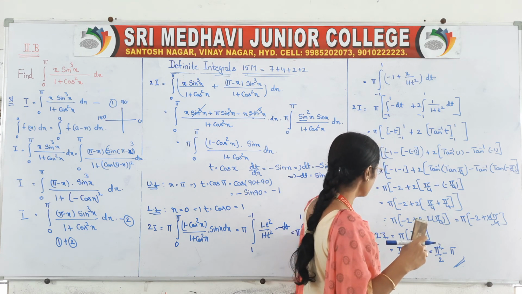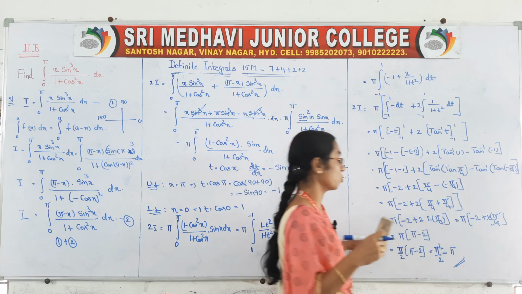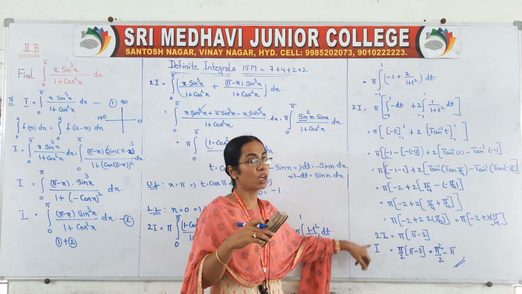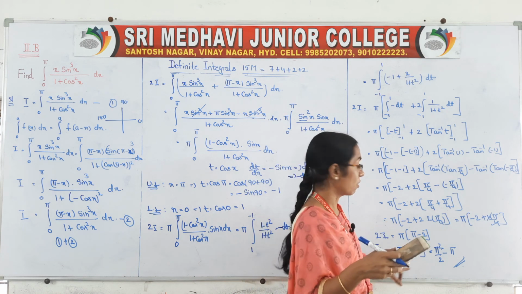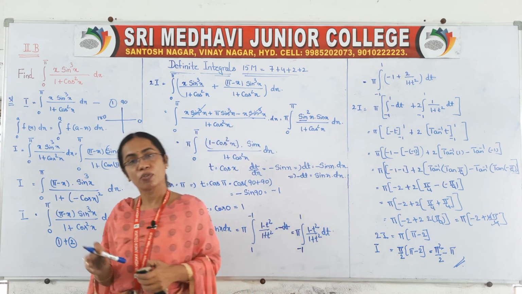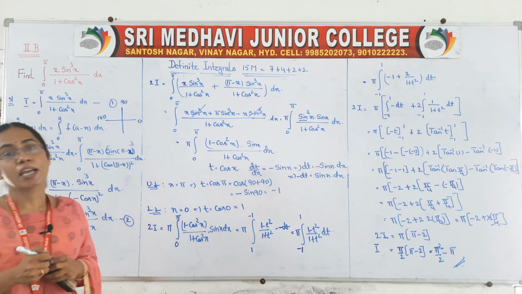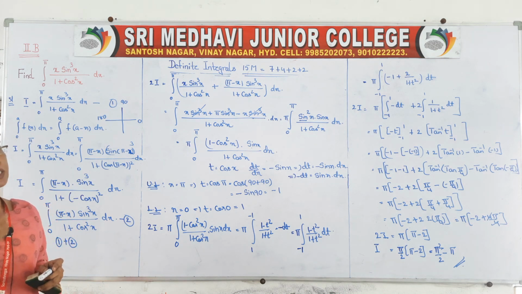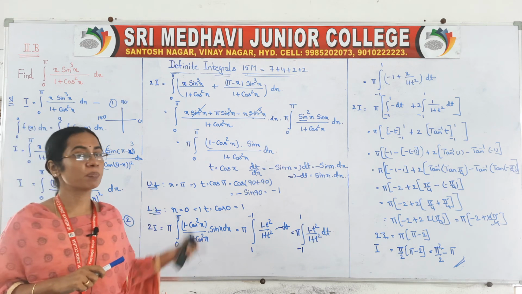So here we got the answer as 2i is equal to pi into pi minus 2, but we want the I value, not 2i. So send this 2 downwards of the answer, then you will get your I value. Okay, we need the I value only. Why? Because in the beginning we took I as equal to the given question, that is why we need our I value. Okay, so practice this problem perfectly.